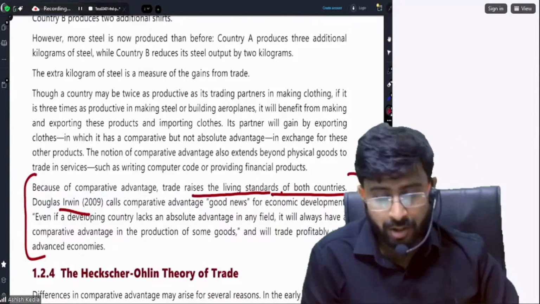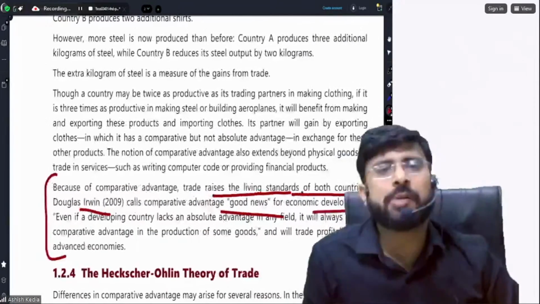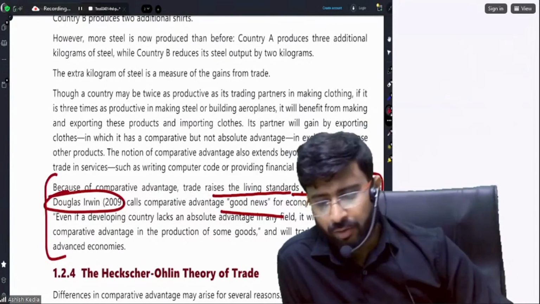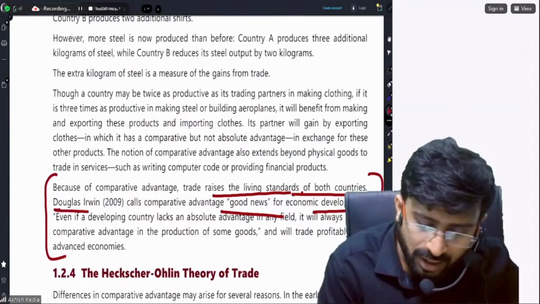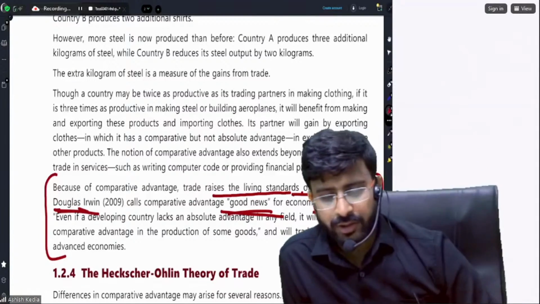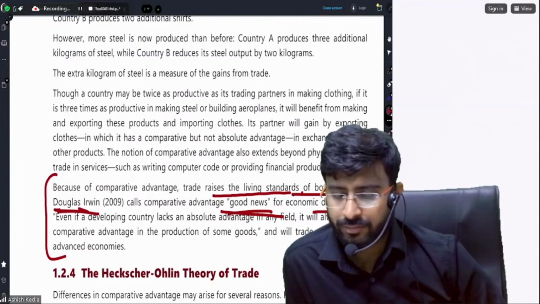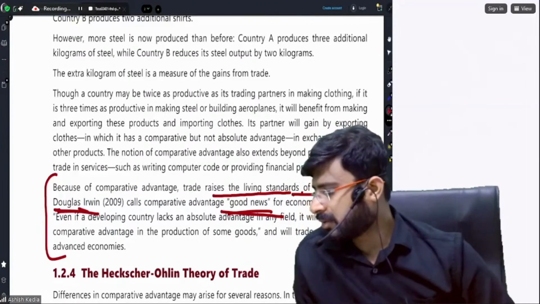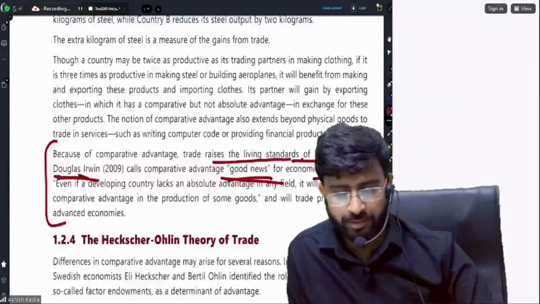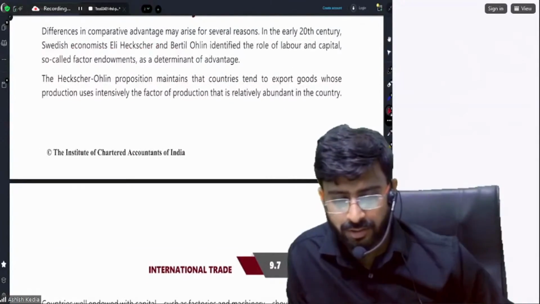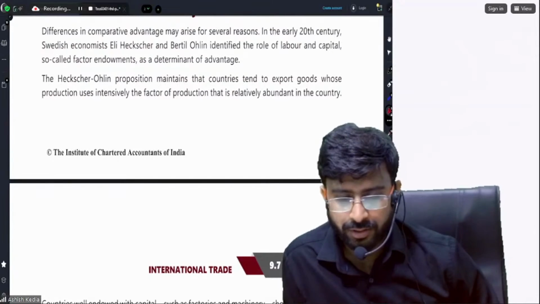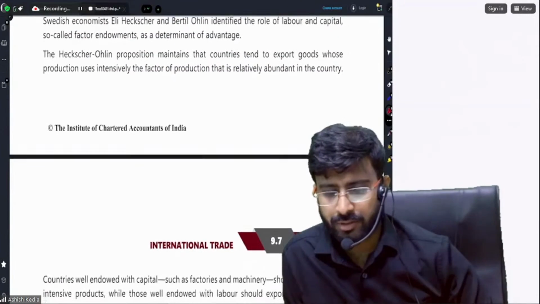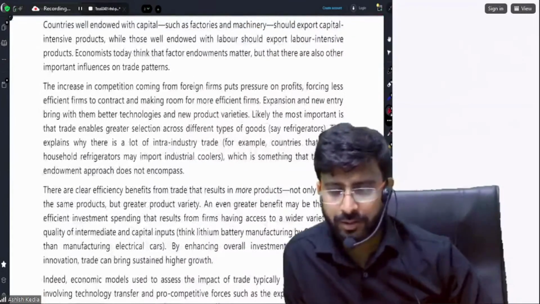Douglas Irwin calls comparative advantage good news for economic development. So Douglas Irwin was the supporter of this theory. Just write it down. Is that clear, friends? Okay.